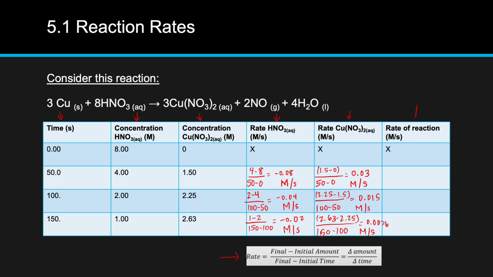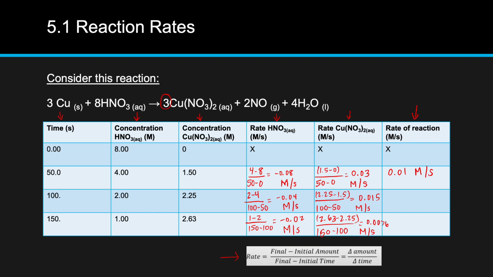So for this rate of reaction column, let's go ahead and use our product, which is copper 2 nitrate. So in order to find out our rate of reaction, all we're going to do is take that rate and divide it by 3 because our coefficient of that reagent is 3. So 0.03 divided by 3 is going to give you 0.01 molarity per second.